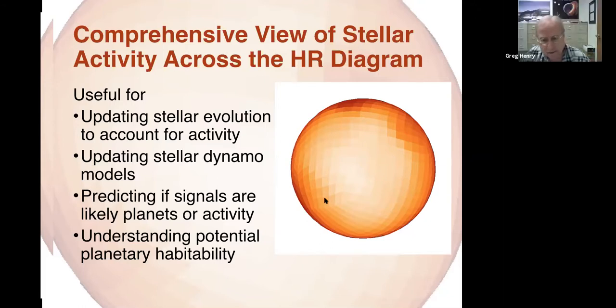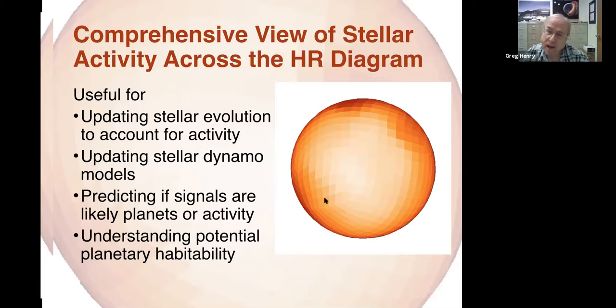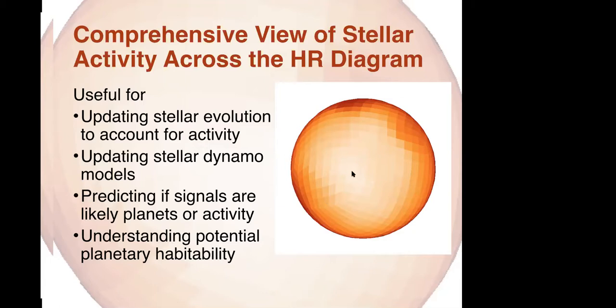And that switch from spot dominated to facular dominated occurs pretty far down toward solar-age main sequence stars, which is about the limit of ground-based photometry. I can resolve long-term variability in sun-like stars to a millimag, or maybe half a millimag at best.